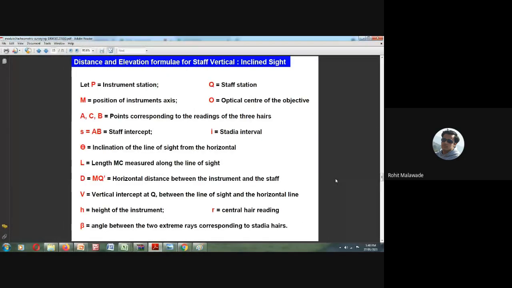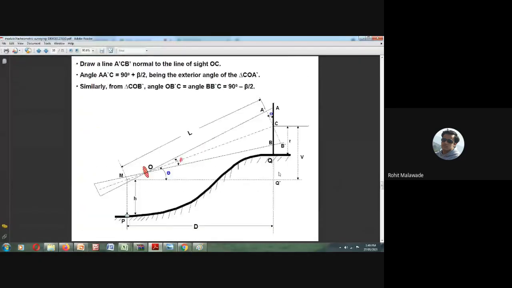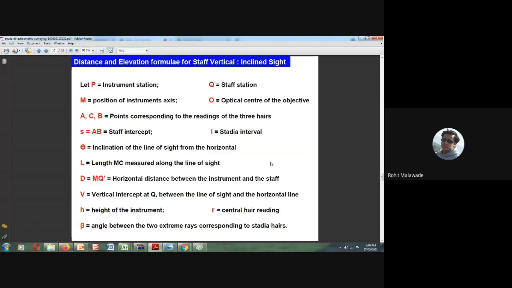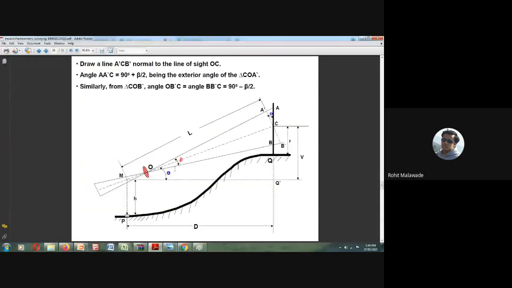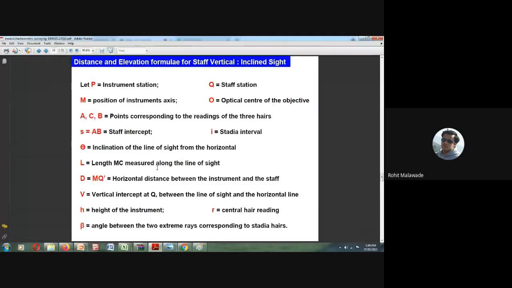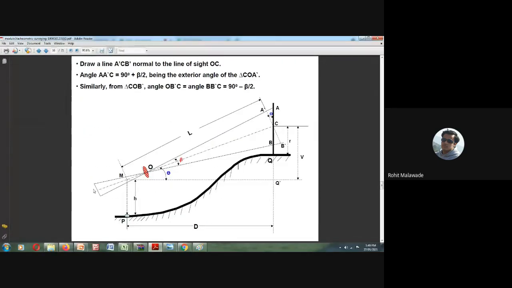Beta is clear, and R, the central hair reading, is clear. Q is the staff station, and O is the optical center of the objective, which is over here. Then I is the stadia interval.